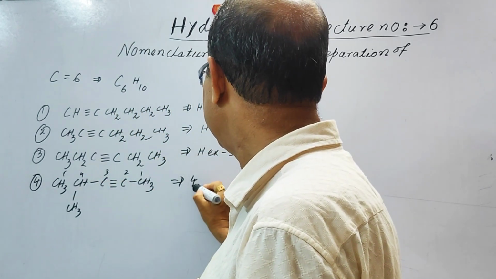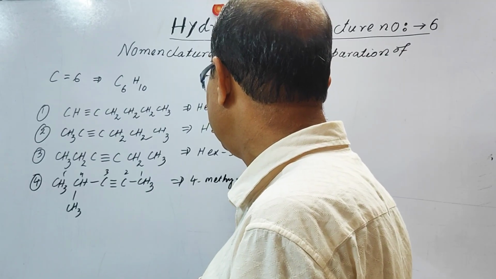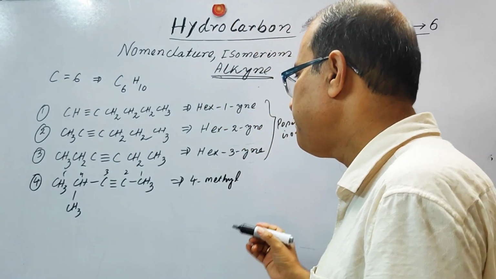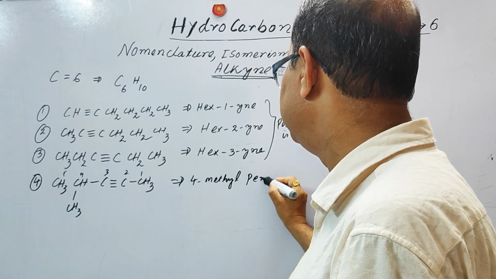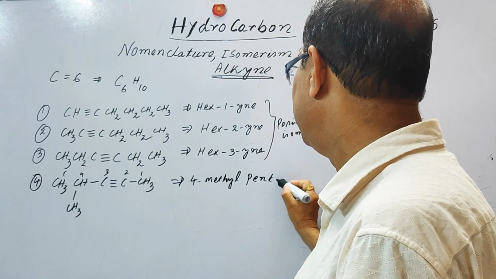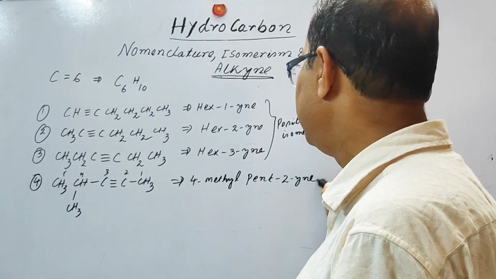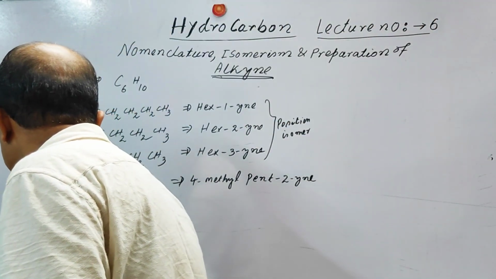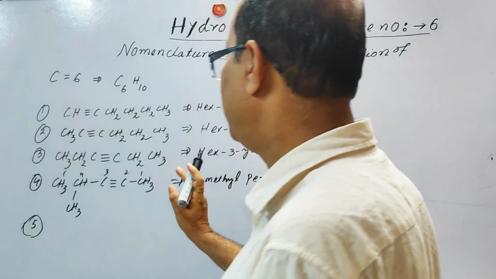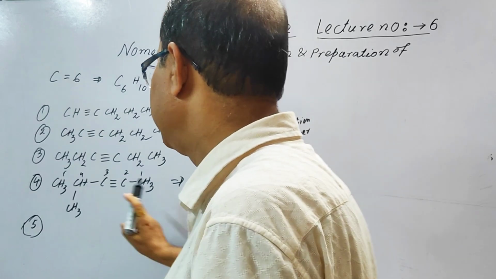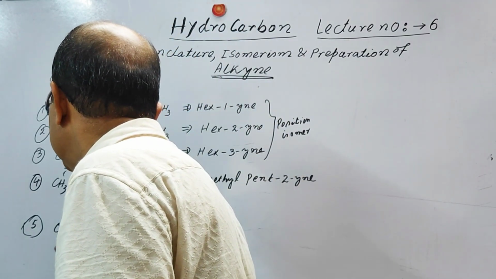So it will be 4-methylpent-2-yne. For the fifth isomer, we can shift this carbon triple bond to this position.